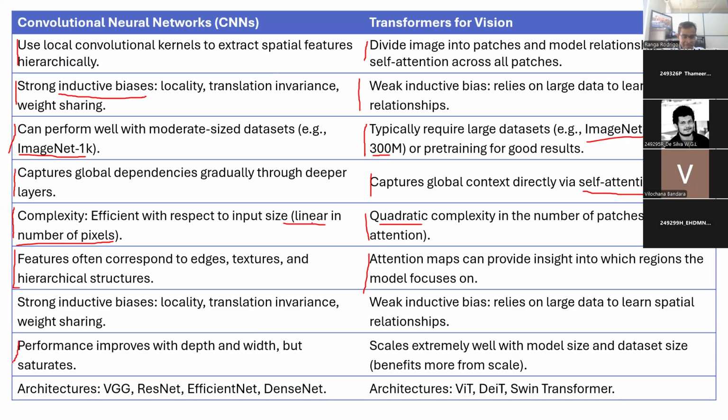Performance improves with depth and width, but saturates. You can see in convolutional neural networks, when you increase the depth, performance increases. When you increase the width, performance also increases, and with resolution too, but you cannot keep on increasing that performance. But transformers scale extremely well. This is the most important property of transformers.